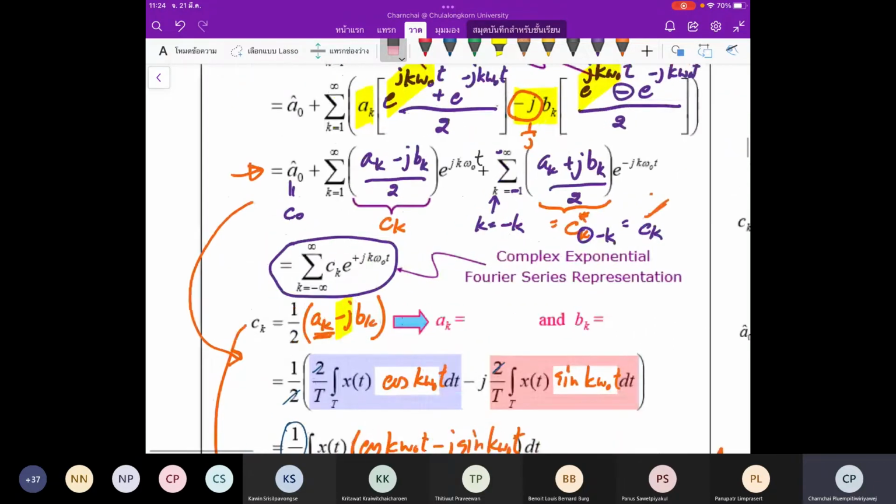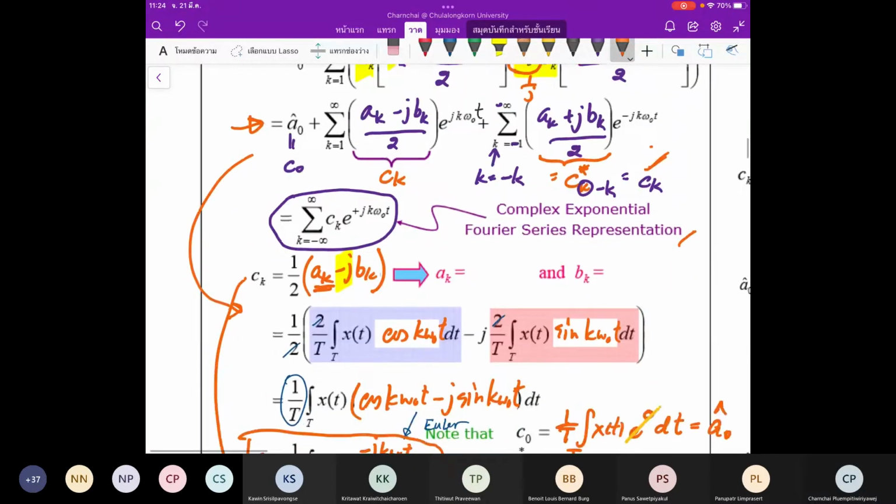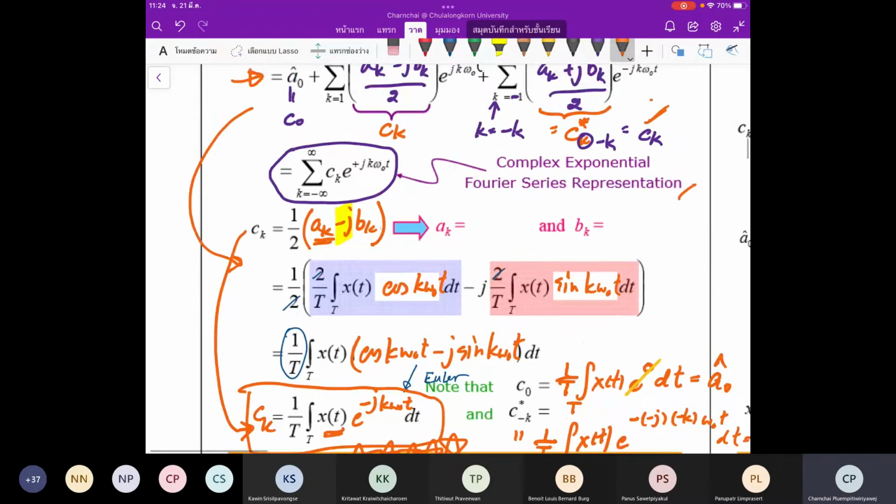This is what we call the complex exponential Fourier series representation. And that's pretty much what we have.